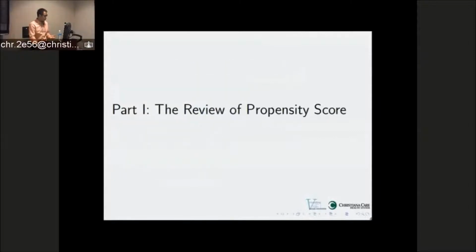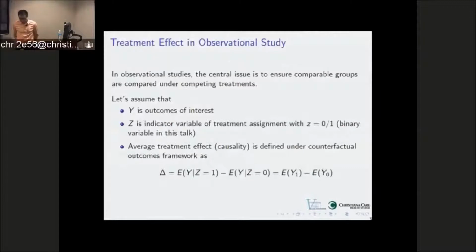Let's go to part 1. As we know, we're interested in investigating the relationship between some treatment exposure and outcome of interest. However, in observational study, we cannot get that effect estimate directly since there is existing confounding in that kind of study.